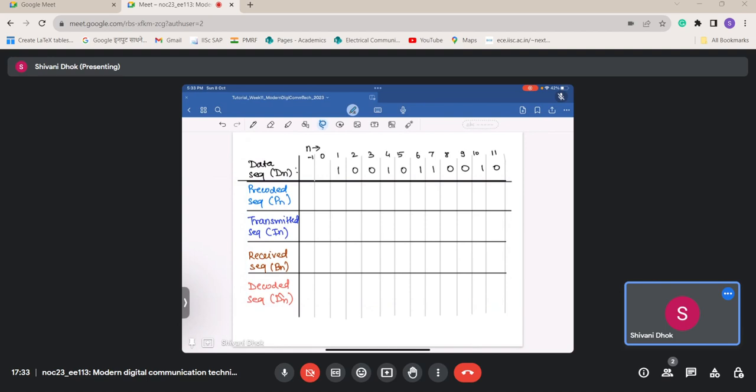Okay. So this is what we are having. Let me remove one line. So these are the 4 things that we need to find.